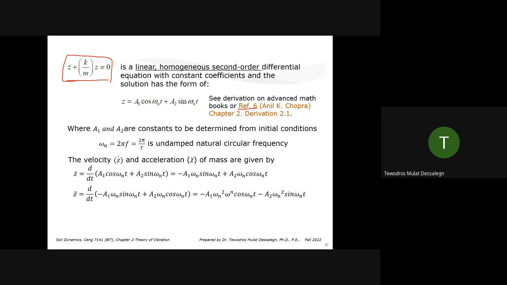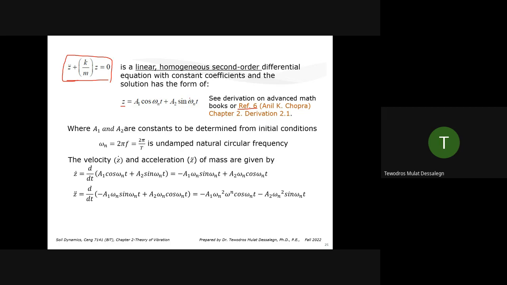So the solution of this differential equation is A1 cosine omega n t plus A2 sine omega n t. A1 and A2 are just coefficients to be determined from initial conditions. Depending on the initial condition, it may be displacement, it may be velocity that we give it initially to vibrate. Depending on those parameters, you'll have this z, the displacement history.